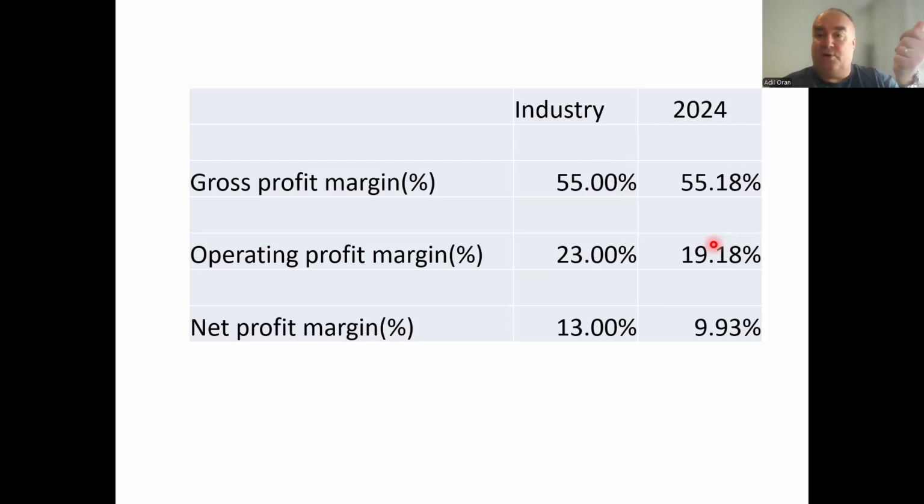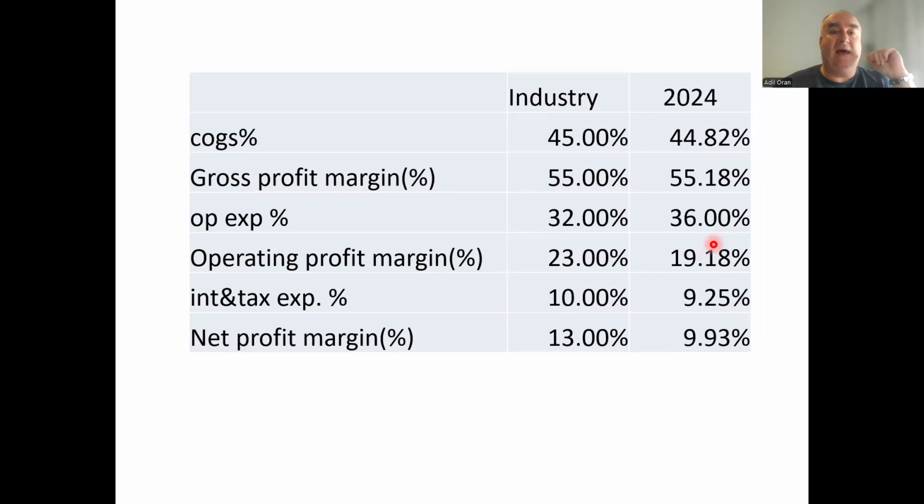So, presto, here's what we have. Cost of goods sold for the industry, 45%, 100 minus this, right? And for our company, it is 44.82%. Yes, it is slightly lower than the industry, which explains why the GPM for our company is slightly better than the industry.